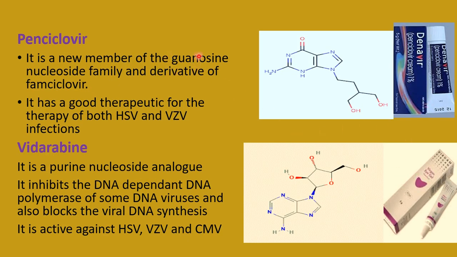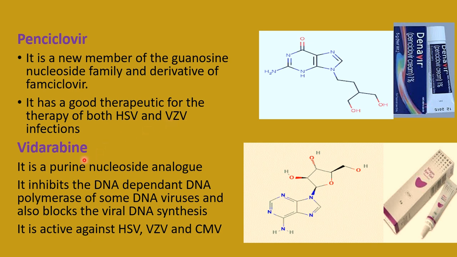Then penciclovir, a new member of the guanosine nucleoside family and the derivative of famciclovir, is a good therapeutic for both HSV, herpes simplex virus, as well as varicella zoster virus.